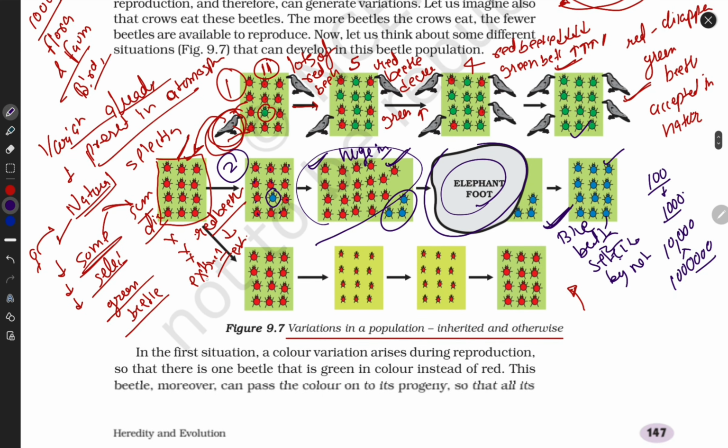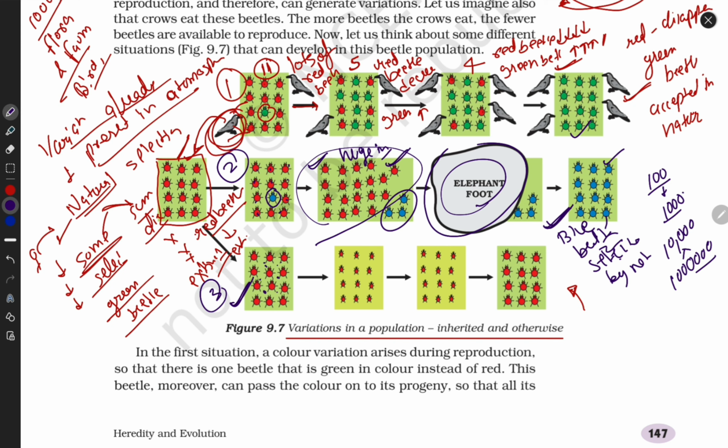And now the third case. There are large beetles and small beetles as well, but large beetles are more in population, and small beetles are less in population. Don't show them because they are less.